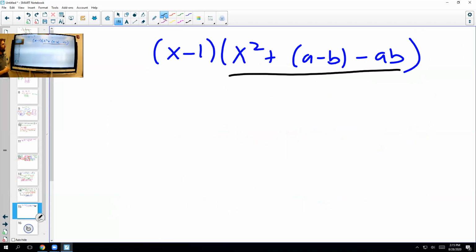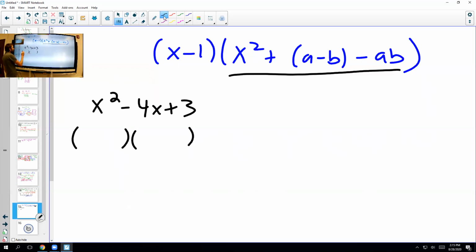Okay. Well, how do you factor a normal quadratic? Something like, how does this factor? Well, you ask yourself, 2 numbers that multiply to 3 and add to negative 4. We want 2 numbers that multiply to 3 and add to negative 4.